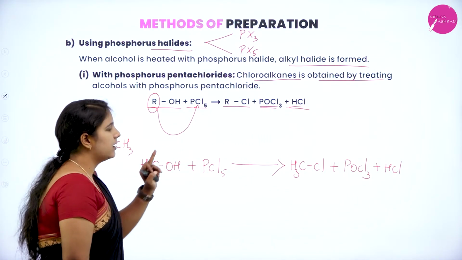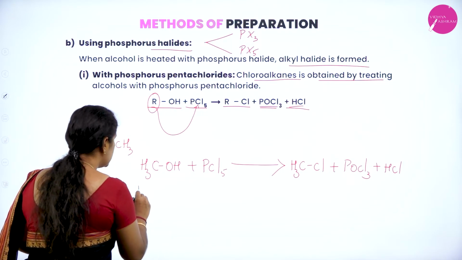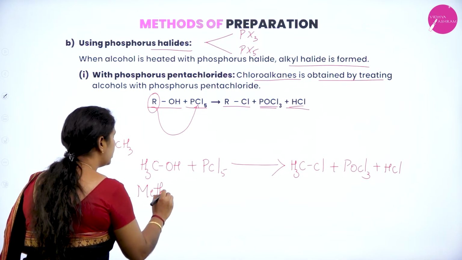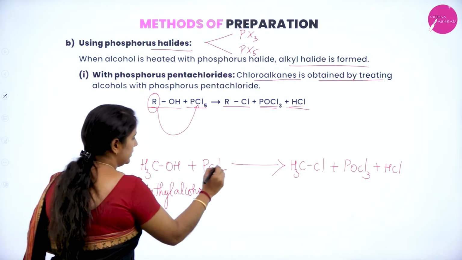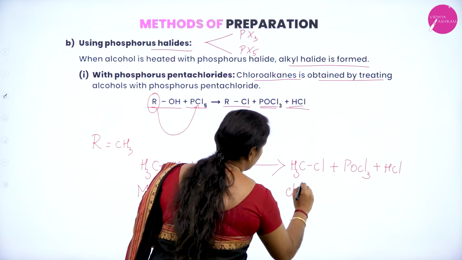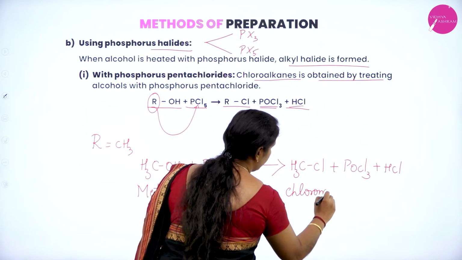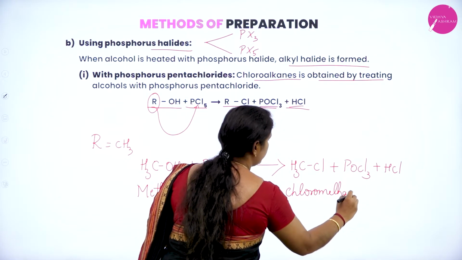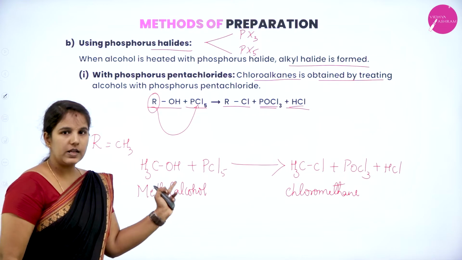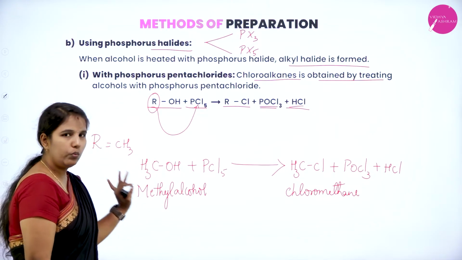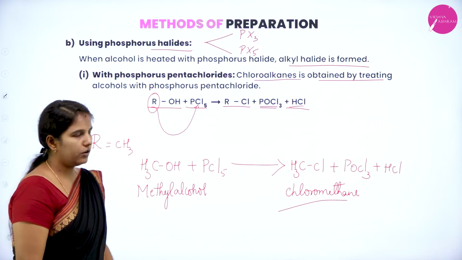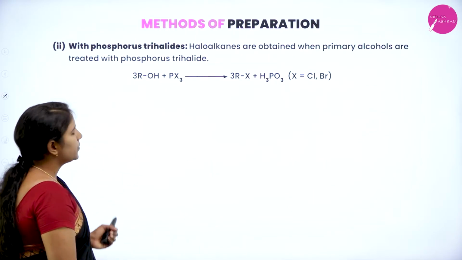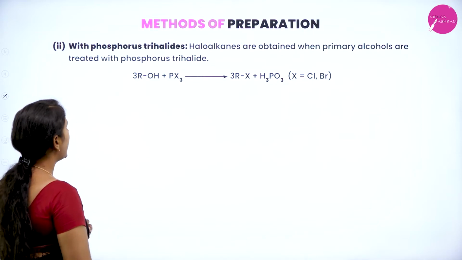So again it is chloromethane, and it is methyl alcohol or methanol, you can say. Even though you are using phosphorus pentachloride with the alcohol, we got what? Alkyl chloride.